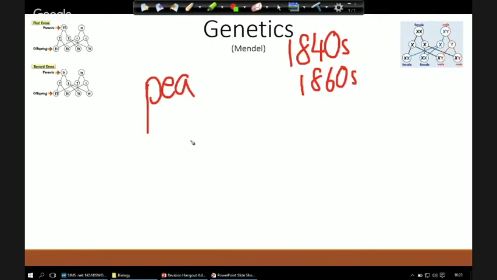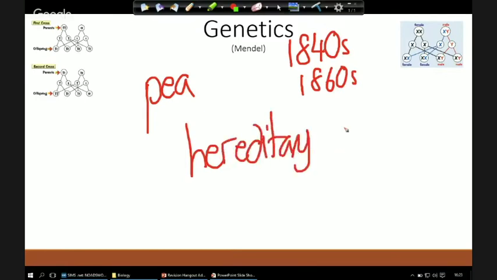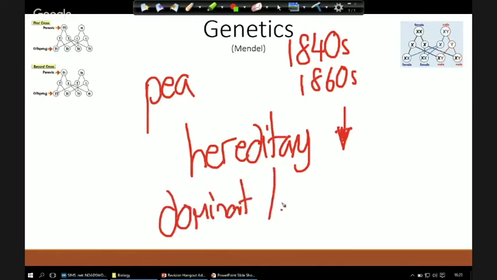He essentially discovered the term hereditary, getting something from your parents. And he also came up with the terms dominant and recessive. We're going to need to look at how he did it. Well, it starts as follows.